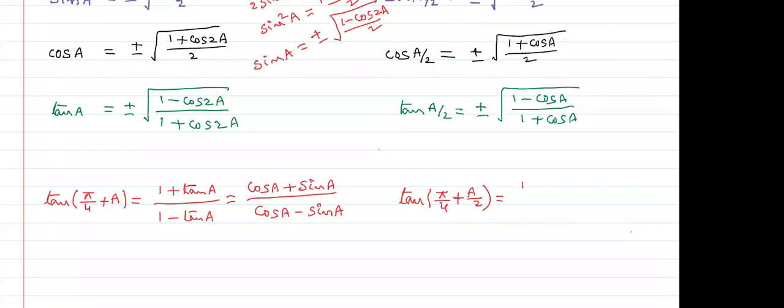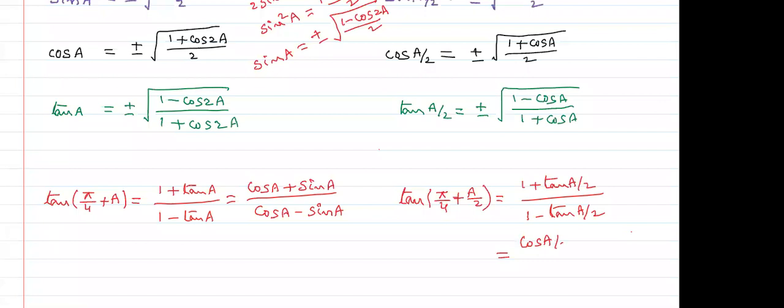Similarly, for the submultiple angle formula, how to write it, students? This is 1 plus tan a by 2 divided by 1 minus tan a by 2. Tan a by 2 means we can write sin a by 2 divided by cos a by 2, and take LCM. Numerator LCM, denominator LCM is going to cancel.